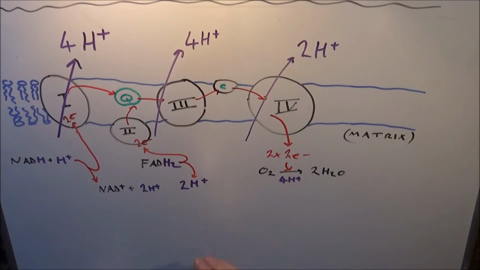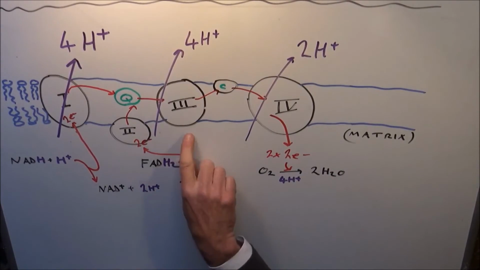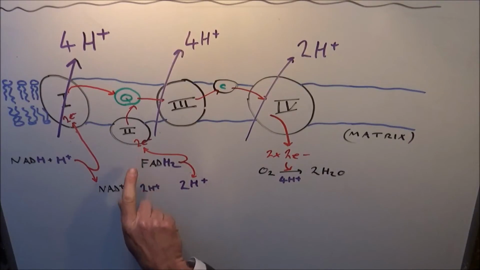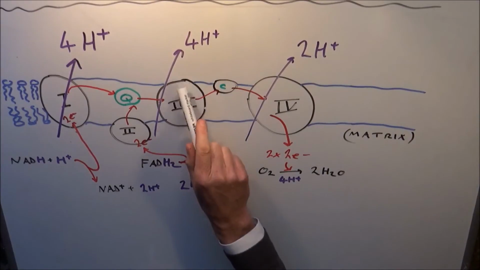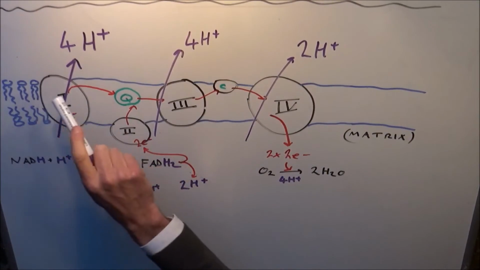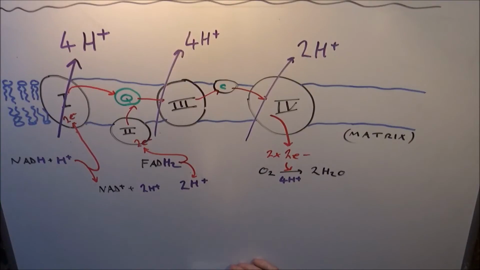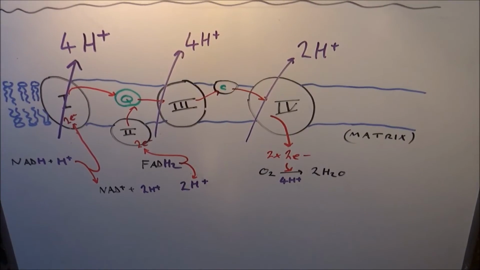Because we transfer protons only at 2 sites when we feed electrons in using FAD, we don't get as much ATP made. So it's like you've got 2 turbines on your waterfall instead of all 3 of them. So let's have a little look at this proton gradient before we come back to this and see how we make the ATP.